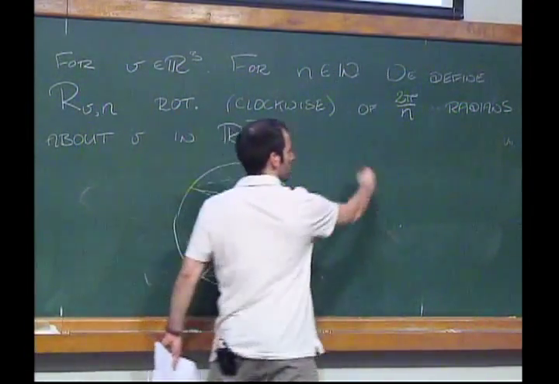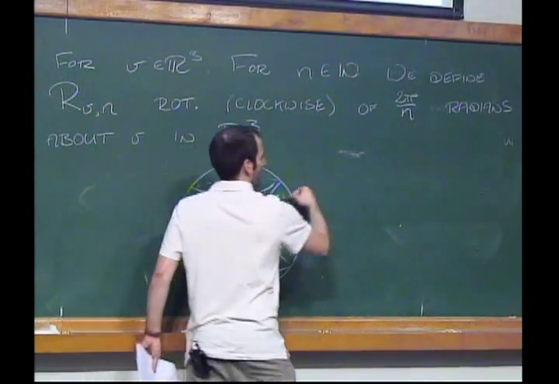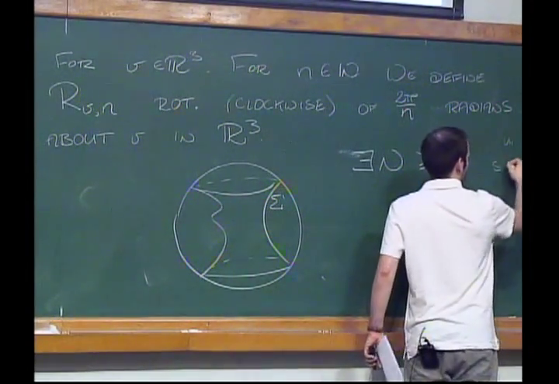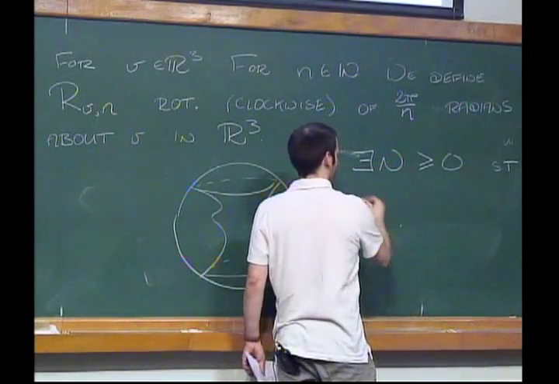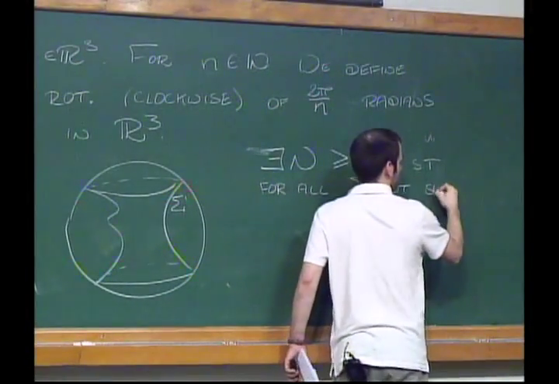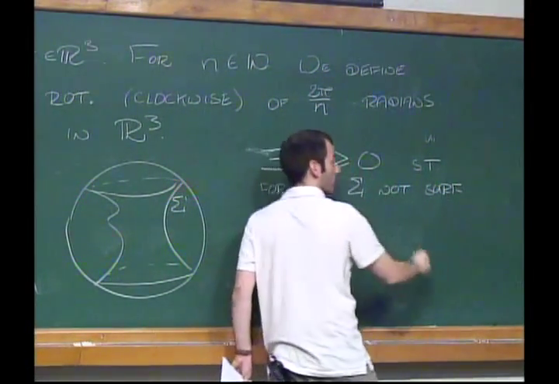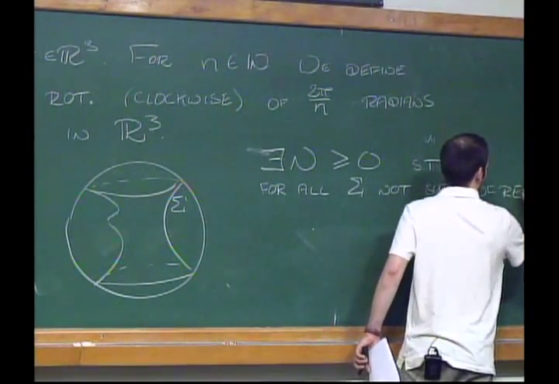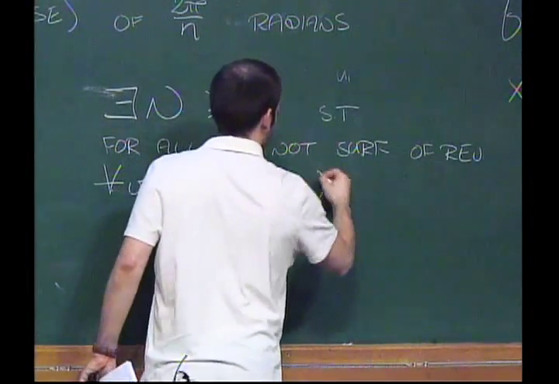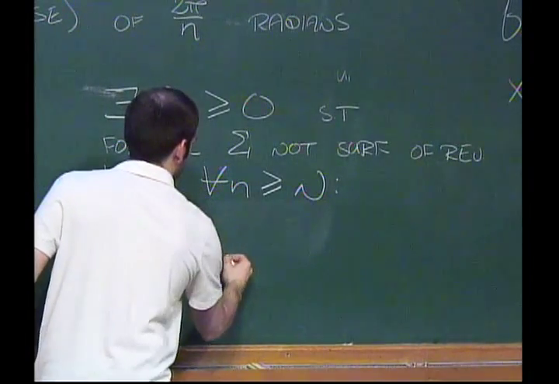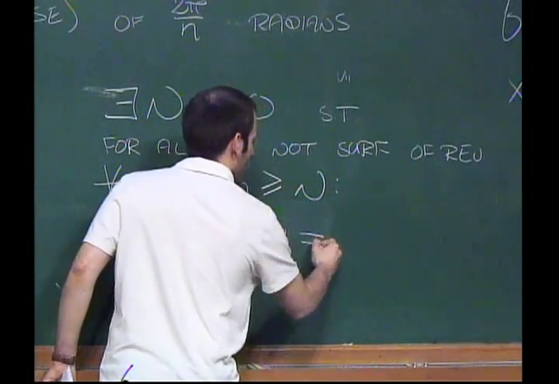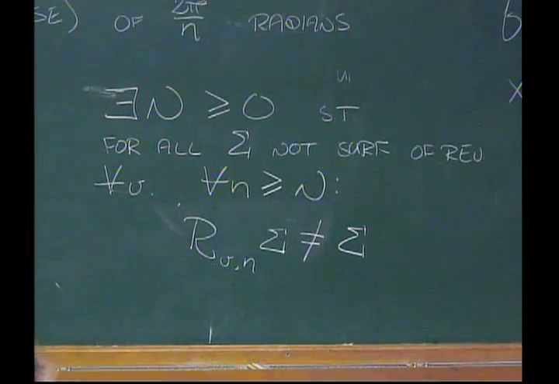What you can show is that there exists some number n_0 such that for all free boundary minimal Sigma which are not surfaces of revolution, for all unit vectors v, and for all n bigger than or equal to n_0, the rotation about v by an angle of 2π/n of Sigma is always going to be different to Sigma.